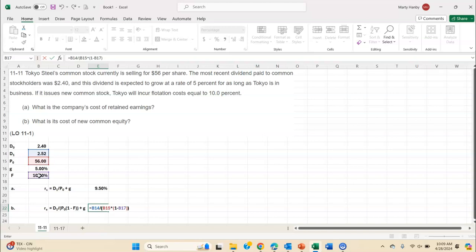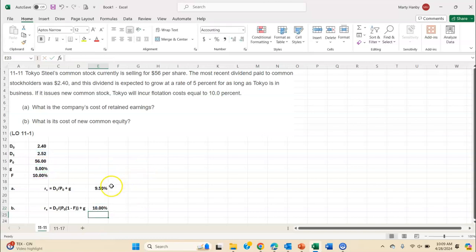I close the parentheses, and then plus the growth rate, the 5%. So if a company can finance a project with retained earnings, the cost is 9.5%. If they have to go out and issue new stock, it's going to be 10%.